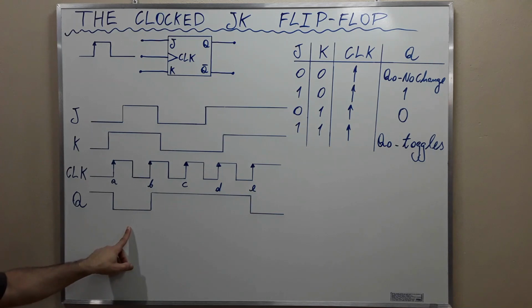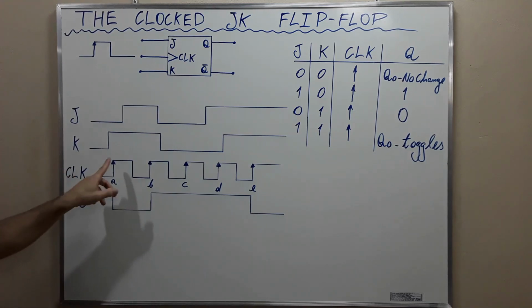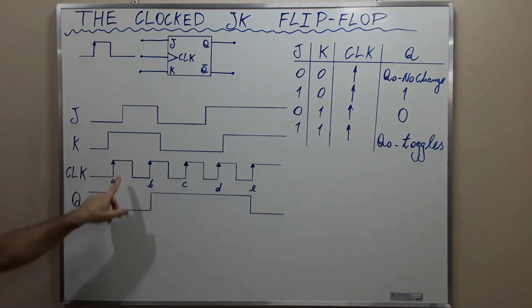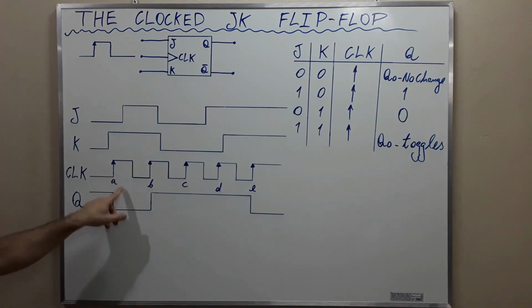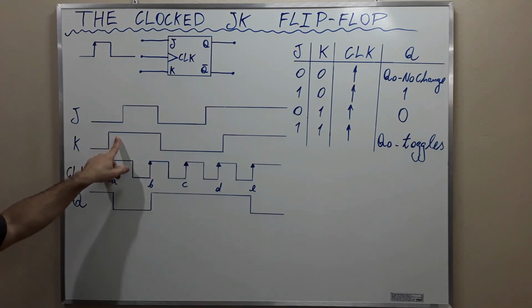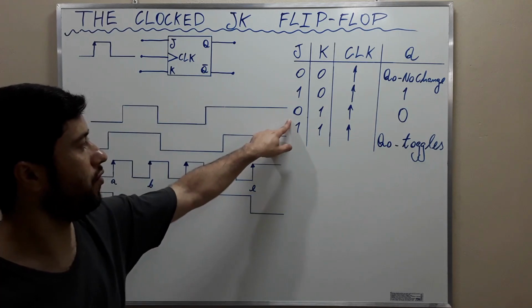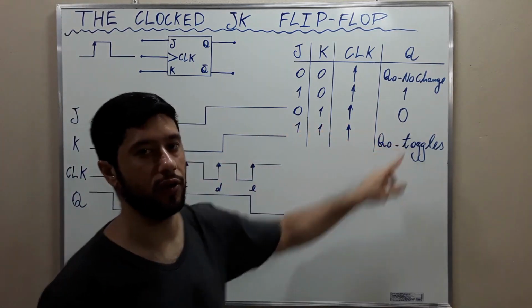Now let's take a look at its operation. Initially, both J and K are 0, but suddenly K becomes 1 at the occurrence of the first positive-going transition of the clock, named here A. J is 0, K is 1, so the output is 0.